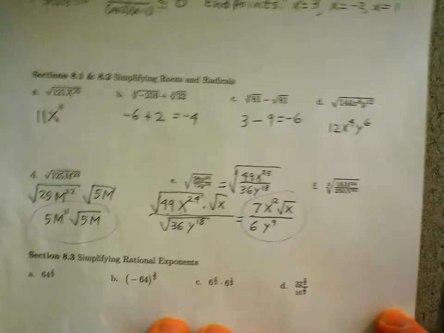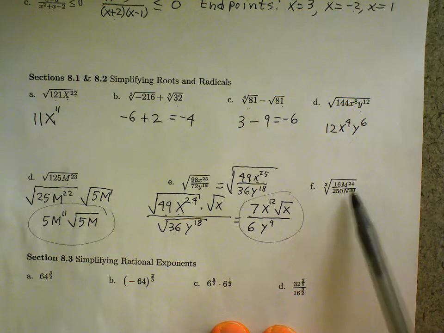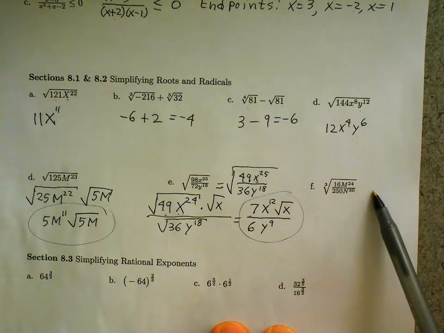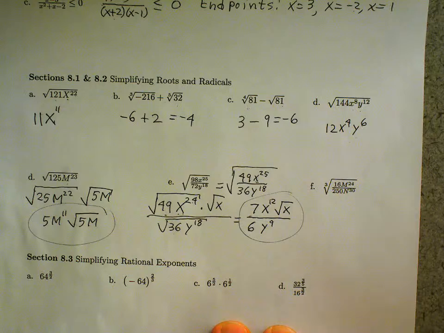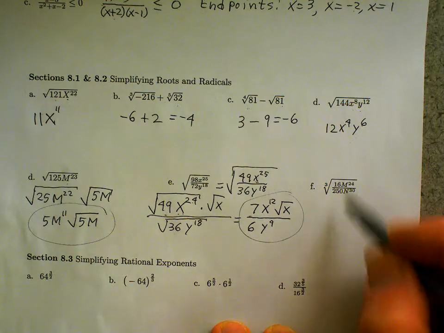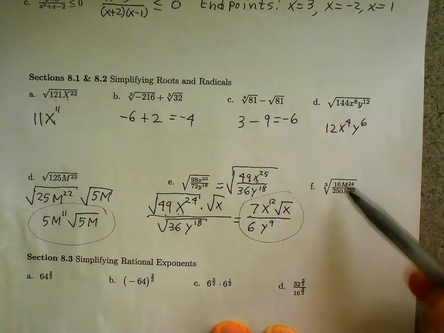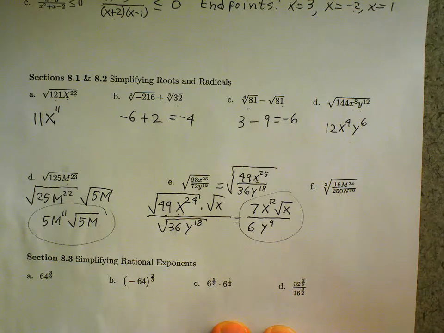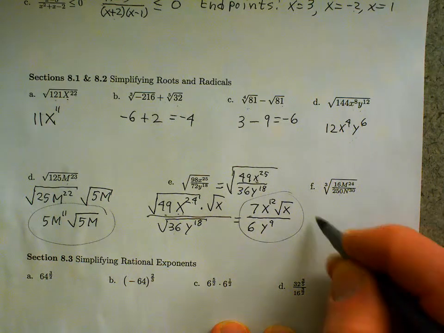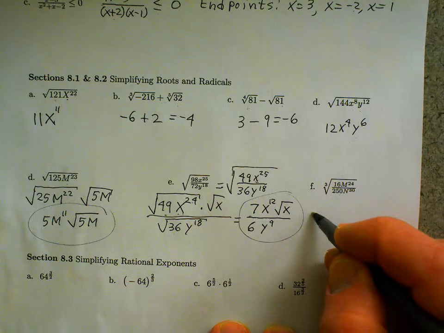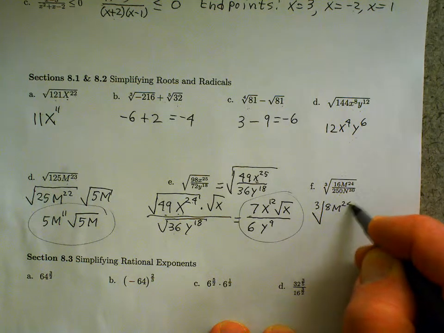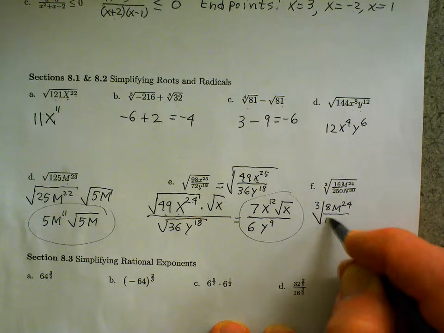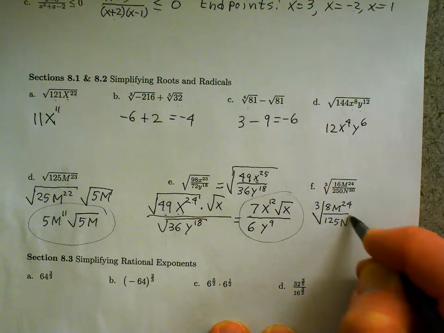In the next one, the cubed root of 16m to the 24th over 250n to the 30th. Notice that 16 over 250 reduces to 8 over 125. So this is the cubed root of 8m to the 24th over 125n to the 30th.